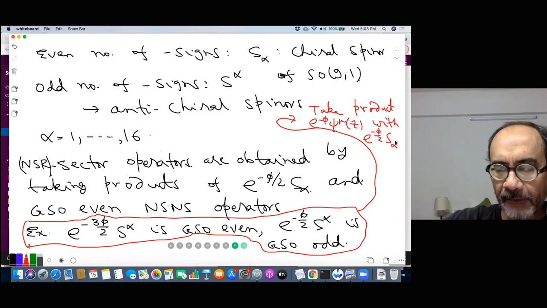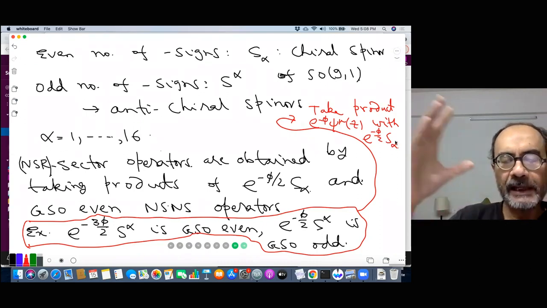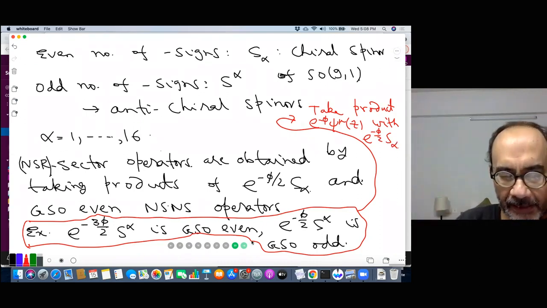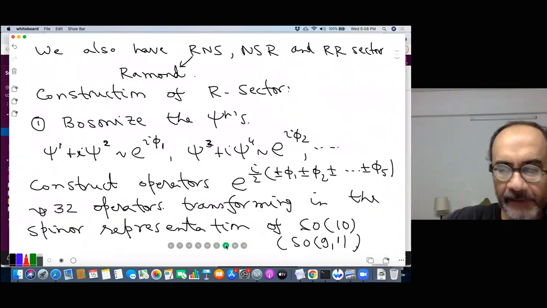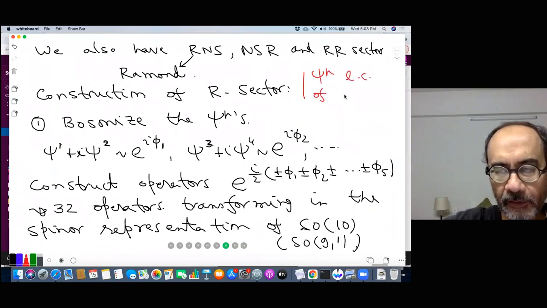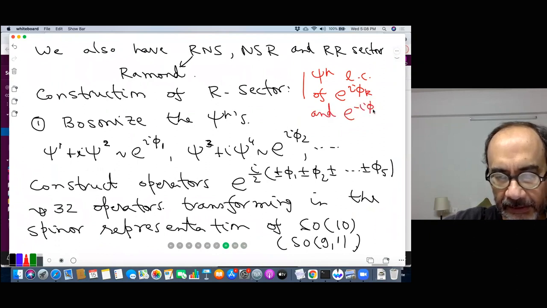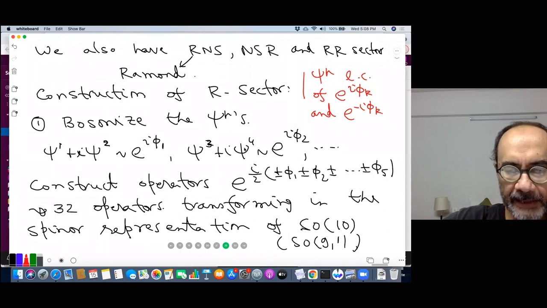S alpha, if you remember, has the e to the plus or minus i phi by 2 structure, and there are an even number of minus signs. A given psi is a linear combination of e to the i phi k and e to the minus i phi k.